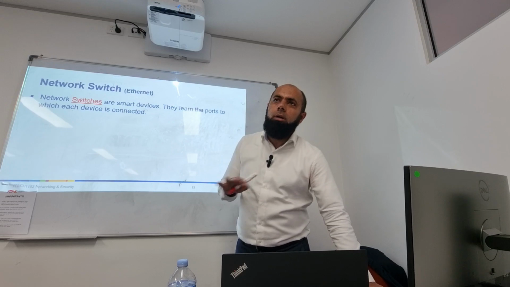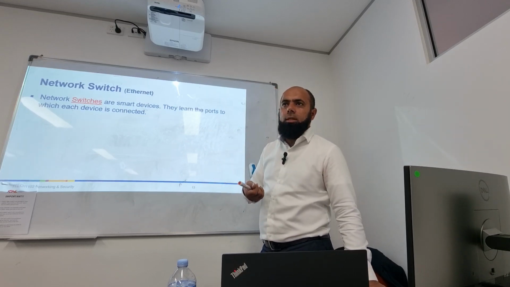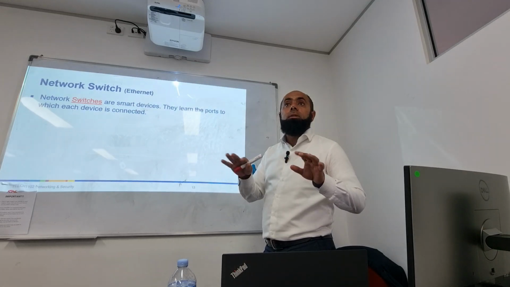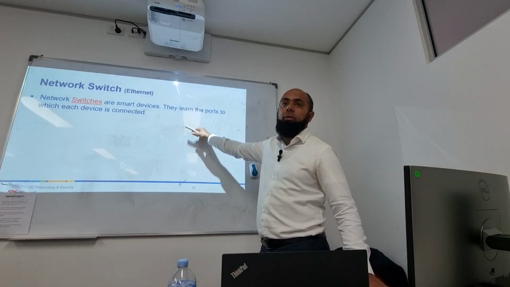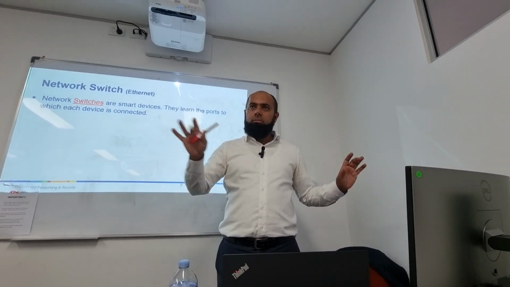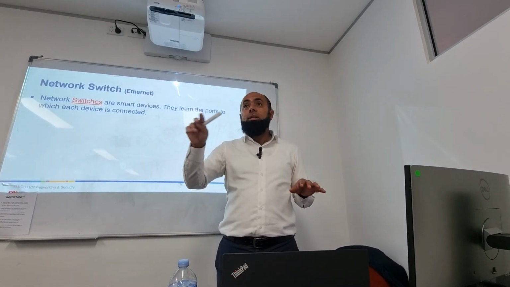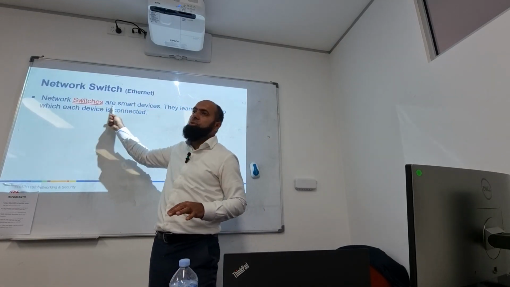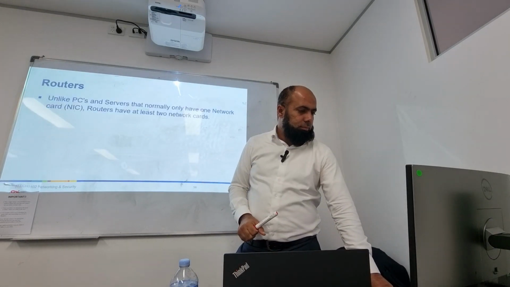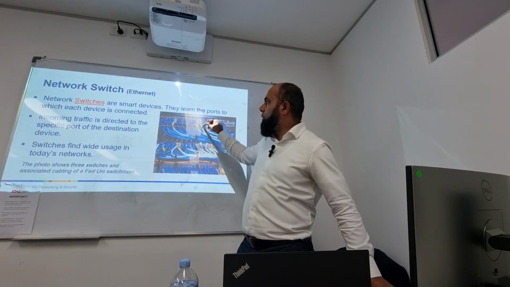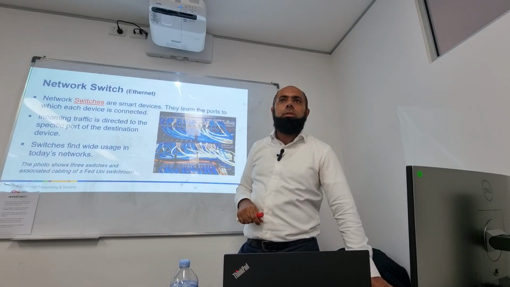And when you are putting things on this switch and communicating, those port numbers are there, so you know that if I want to send a message from computer A to C, by typing it, it knows where to send that message. So they are known as smart switches. This is how you can see the switches, the RJ45 cables going in, and how it looks.